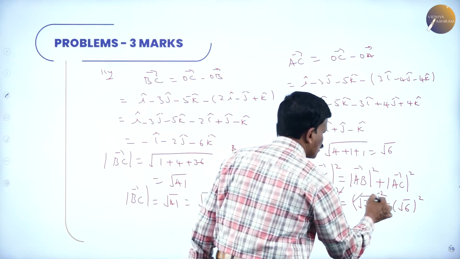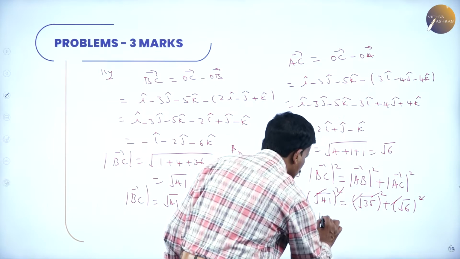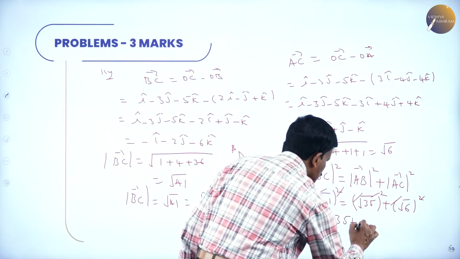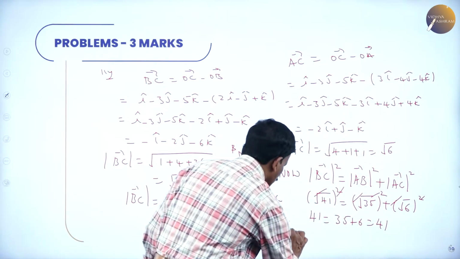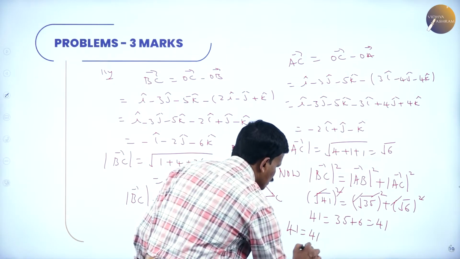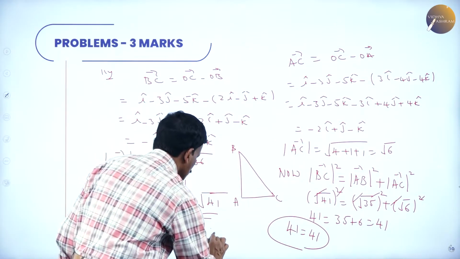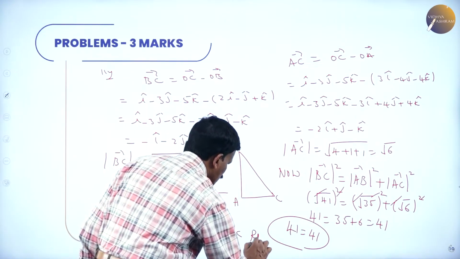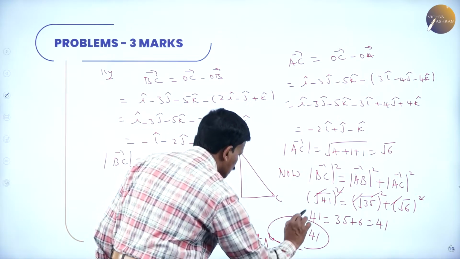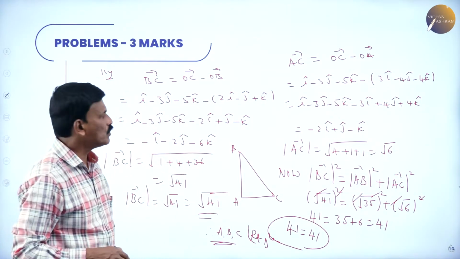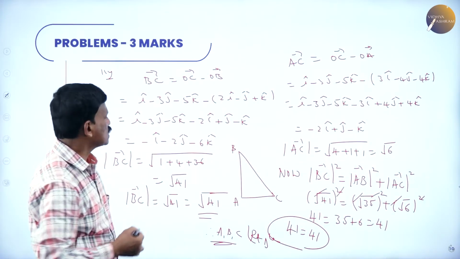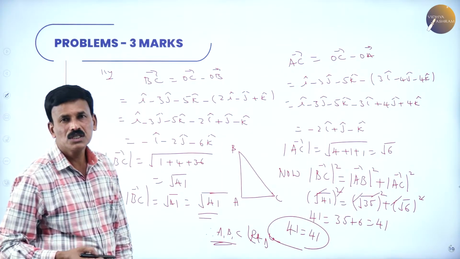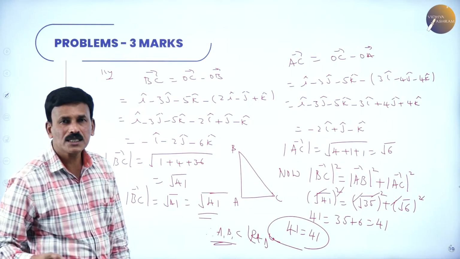Square root gets cancelled. 35 plus 6 is 41. 41 is equal to 41. So, therefore, A, B, C are the vertices of a right angle triangle. That's it. So, therefore, the given points form the vertices of a right angle triangle.